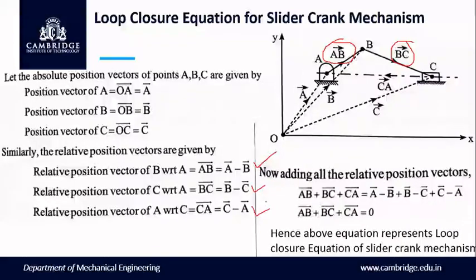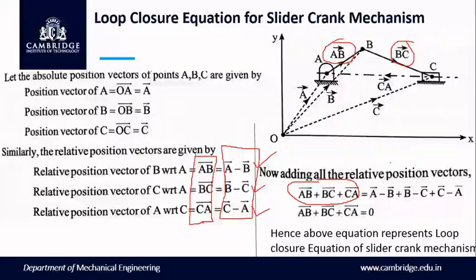Similarly, the relative position vector of A with respect to C. Now, we add all the relative position vectors. On the left hand side we have vector AB plus vector BC plus vector CA. On the right hand side we have the position vectors, which are equivalent to the relative position vectors by formula.